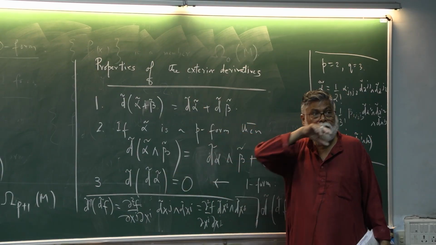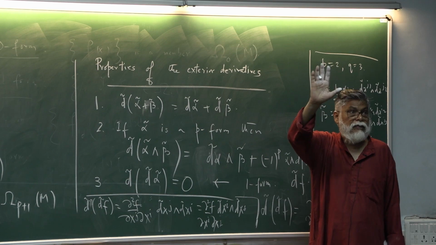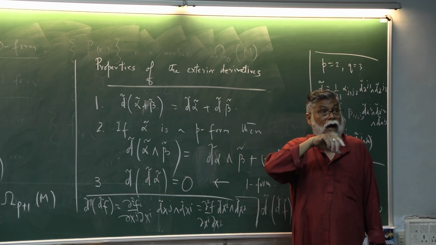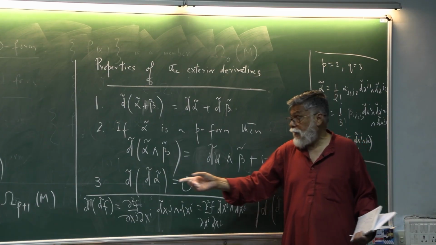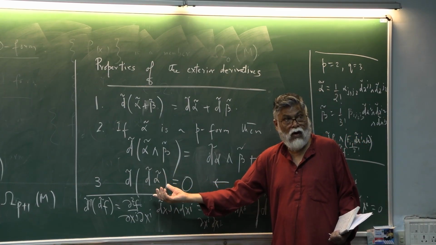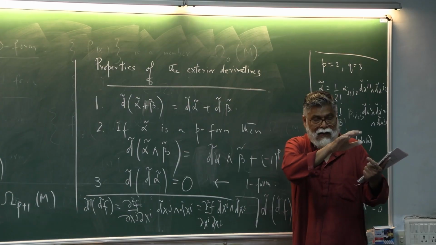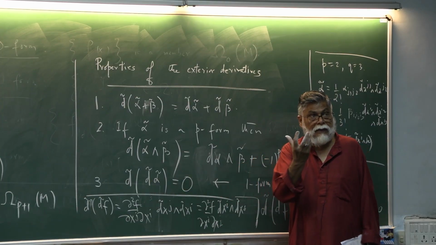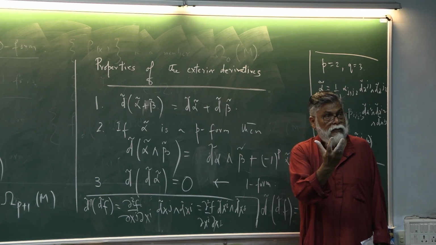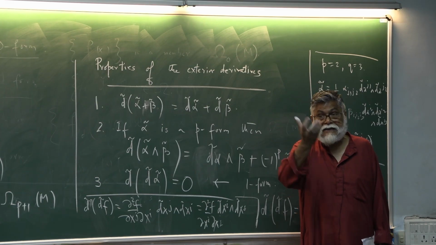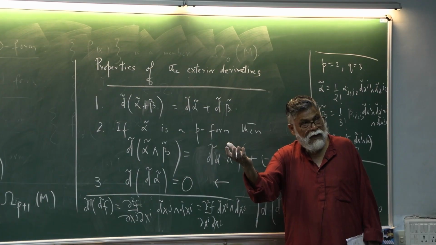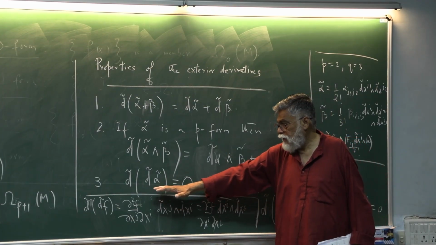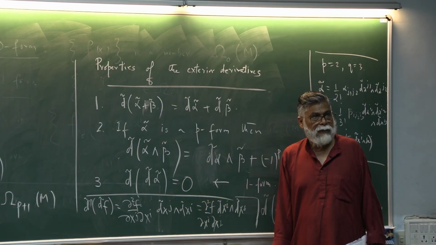D of alpha, if it is a p form, will be a p plus 1 form. Now you again apply d, then we should get a p plus 2 form. But if the p plus 1 form is d of a p form, then d acting on that will necessarily be 0. That's what we are seeing happening.